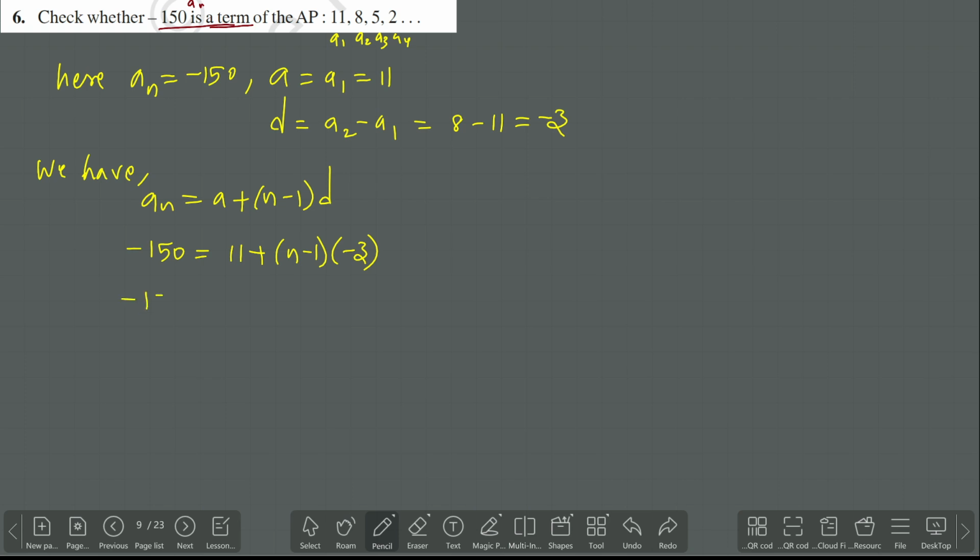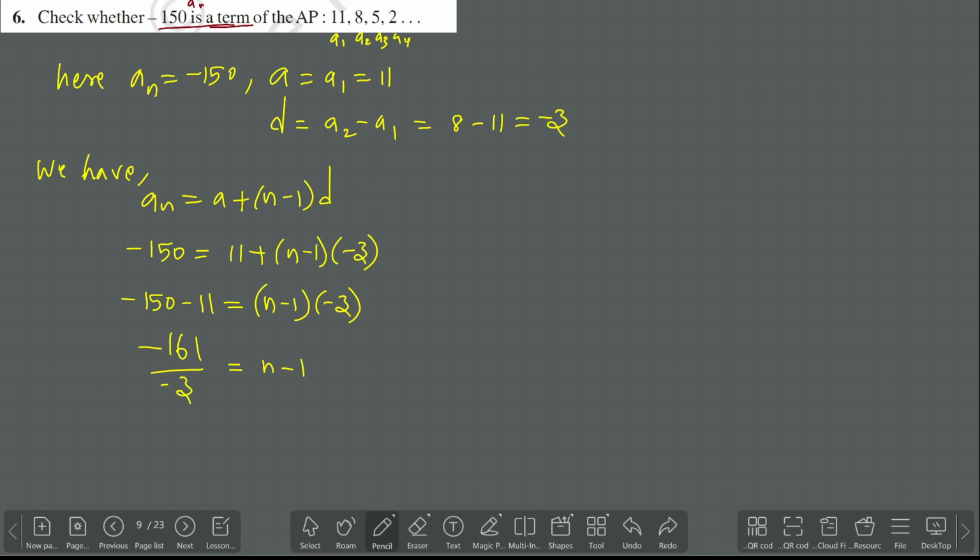Minus 150, the 11 you bring to the opposite side, minus 11. Here (n minus 1) into minus 3. Now you add this together, minus 161. And minus 3, when you bring it to the opposite side, divide by minus 3, because it is in multiplication. So we have n minus 1 there. Is it possible to cancel anything?